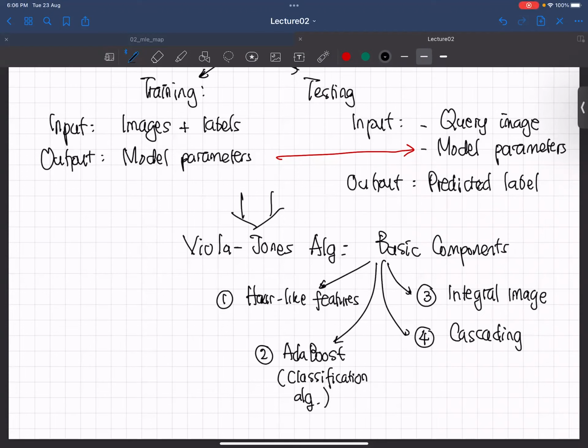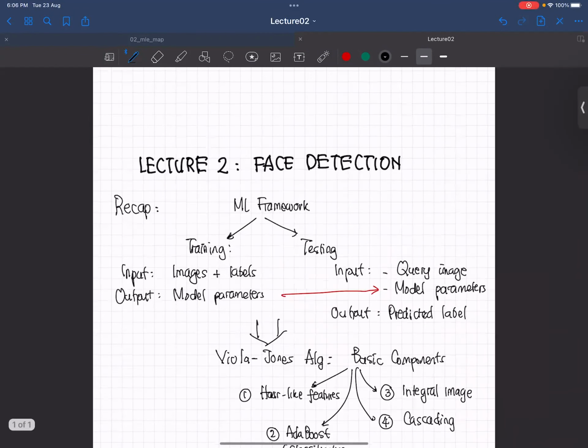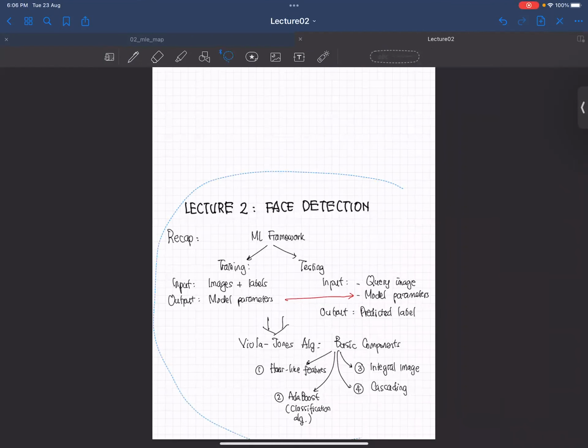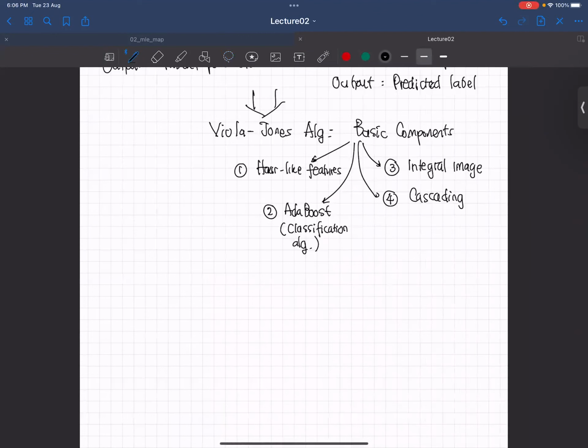Okay, so these are the very basic components. For Haar-like features, we learned there are 5 types of features, or 5 types of masks. For the masks, we need to know 2D convolutions.